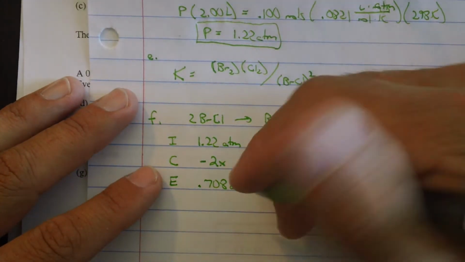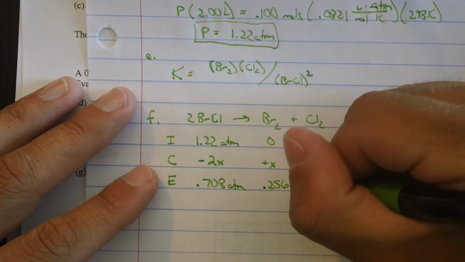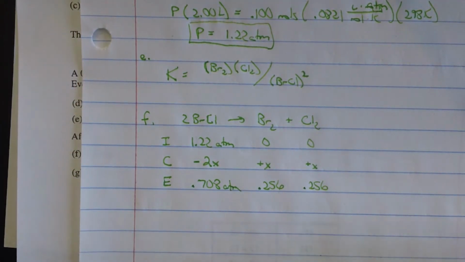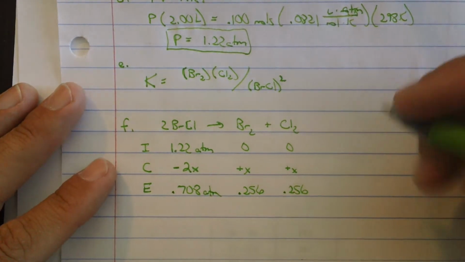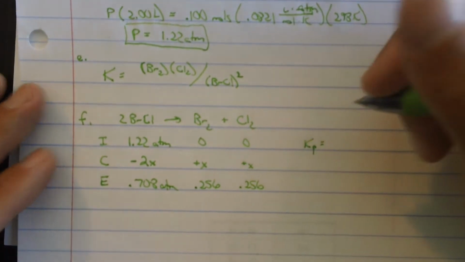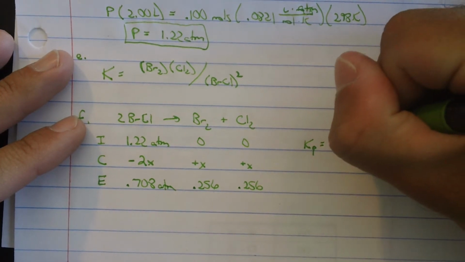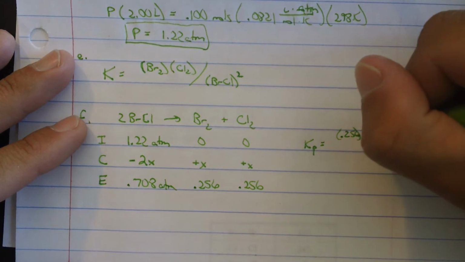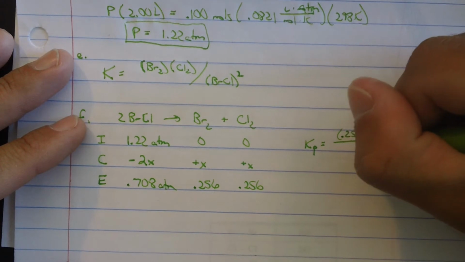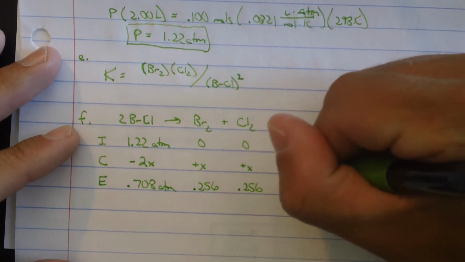So our x, and these guys are both 0 plus x, is going to be 0.256 here and 0.256 there. And so those are our equilibrium values. And then we can solve for K. That's what they want here ultimately, what is the K eq. And so K eq, or you could put Kp, that's fine, is going to be the bromine 0.256 times the 0.256 from the chlorine, all divided by the 0.708 from the bromine with the chlorine.